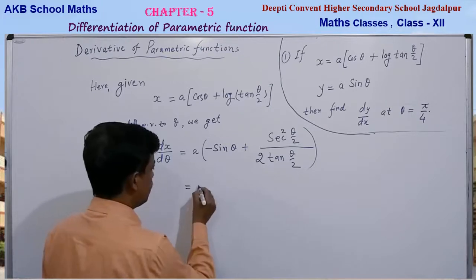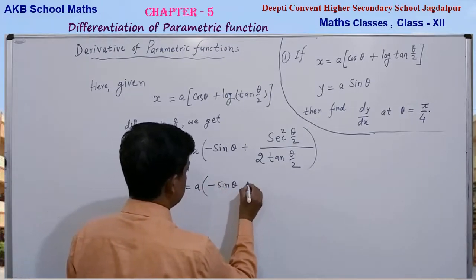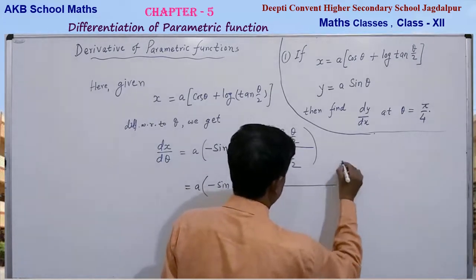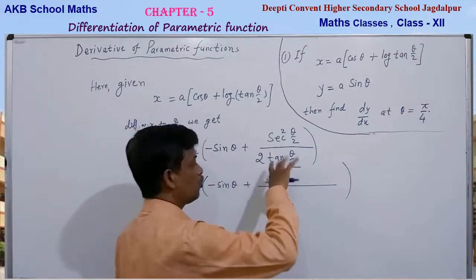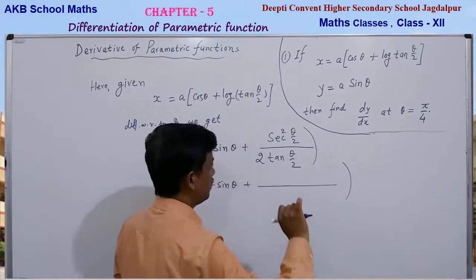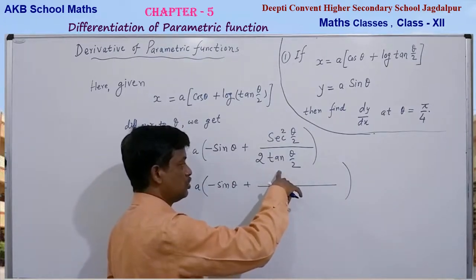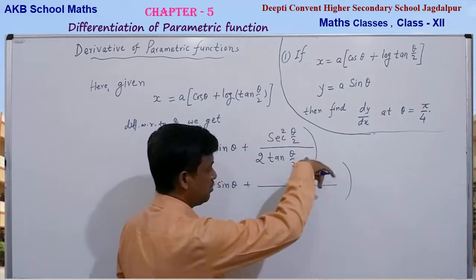Okay, now just simplify. Always you have to simplify this type of relation. Minus sin theta plus, now you can solve it. How? Sec square theta means it comes down, so cos square theta, and here tan means sine upon cos. So one cos will be cancelled and one cos will remain.